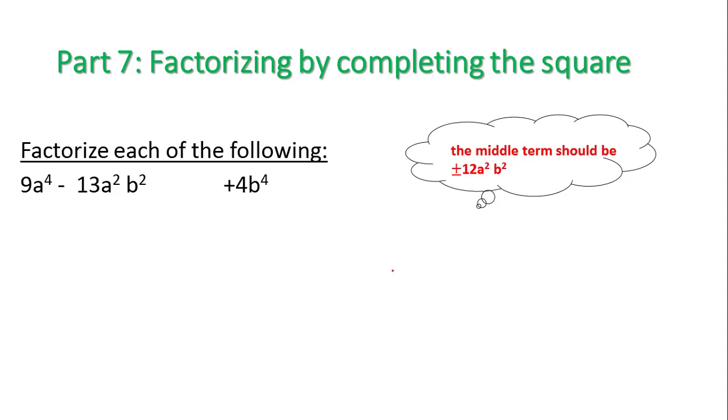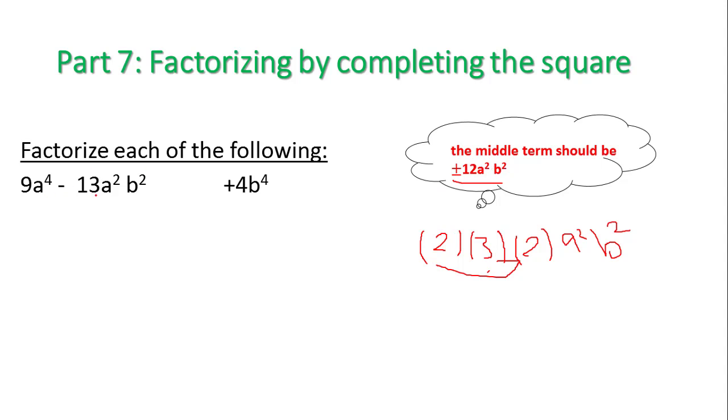So it will be 2 times the root of the first term, 9a power 4, which is 3a power 2, multiplied by the root of 4b power 4, which is 2b power 2. 2 times 2 is 4, 4 times 3 is 12. So the middle term should be 12a power 2 b power 2.